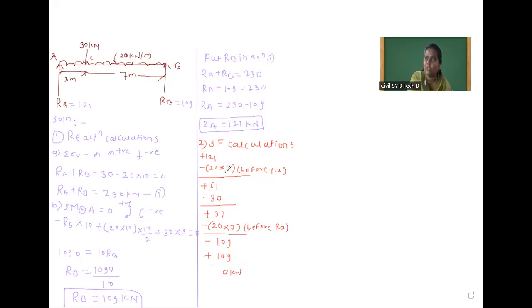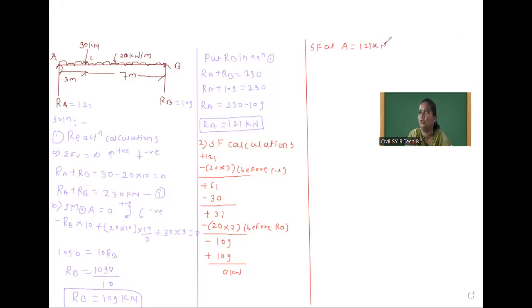Now we will write shear force at A, shear force at B and shear force at C according to this table. Shear force at A is equal to 121 kilonewton.